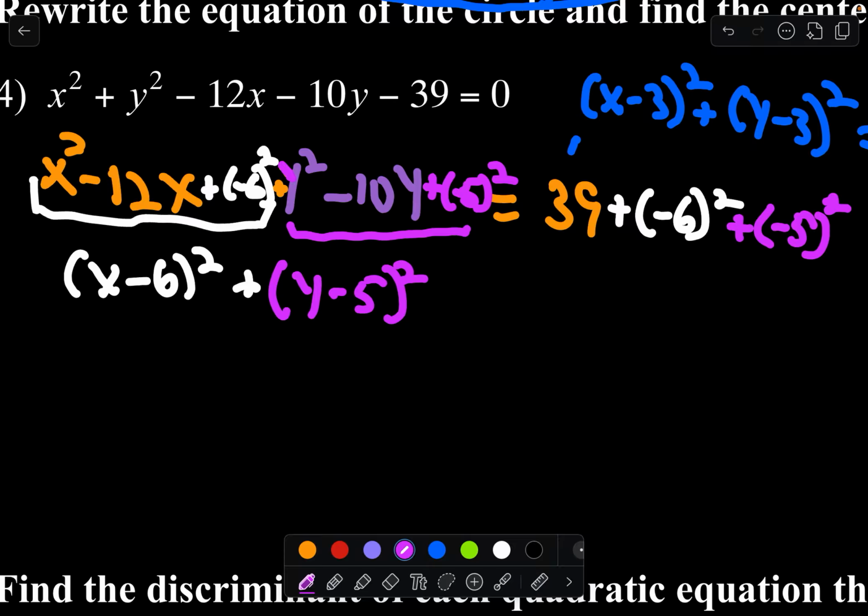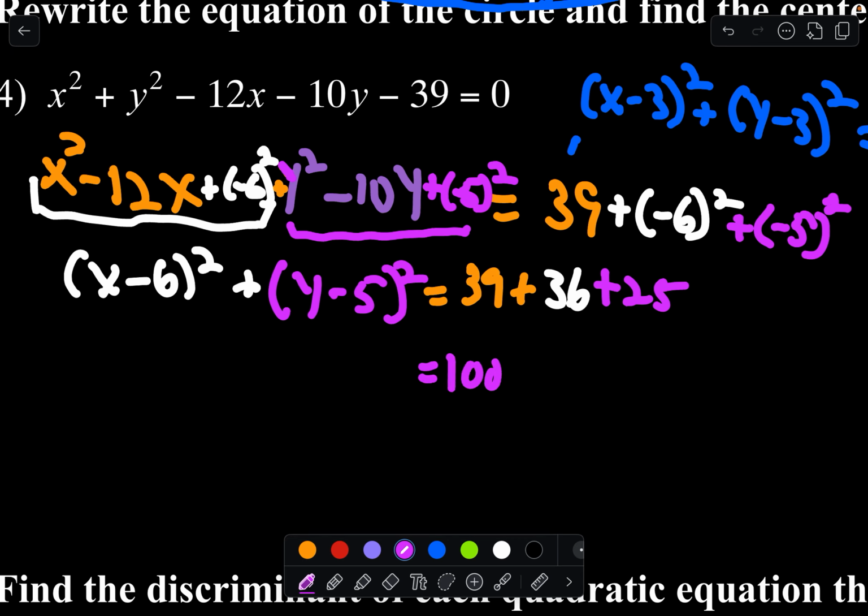And then that whole kit and caboodle is equal to 39 plus 36, because that's what negative 6 squared is, plus 25, that's what negative 5 squared is. So 39 plus 36 plus 25 is equal to 100.